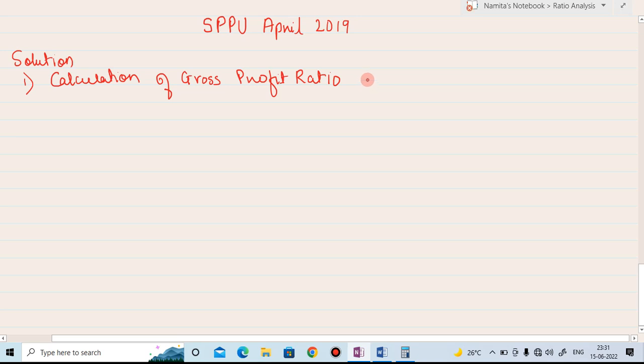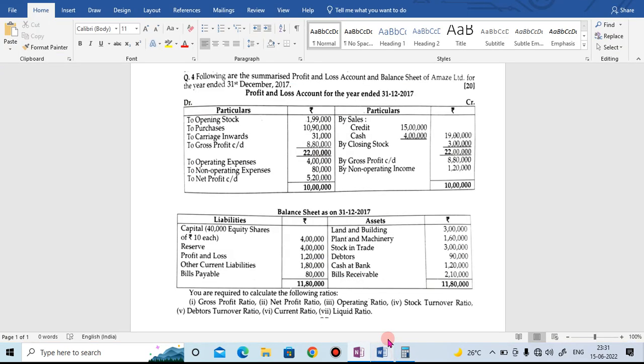To find gross profit ratio, the formula is gross profit upon sales multiplied by 100. Now in the question, gross profit is given. Gross profit is 8,80,000 and sales is given as 19 lakh rupees.